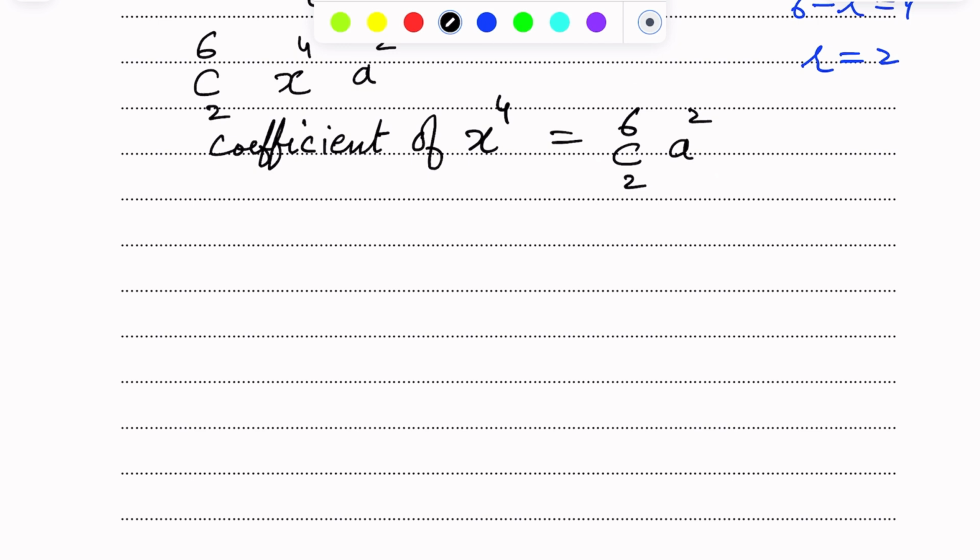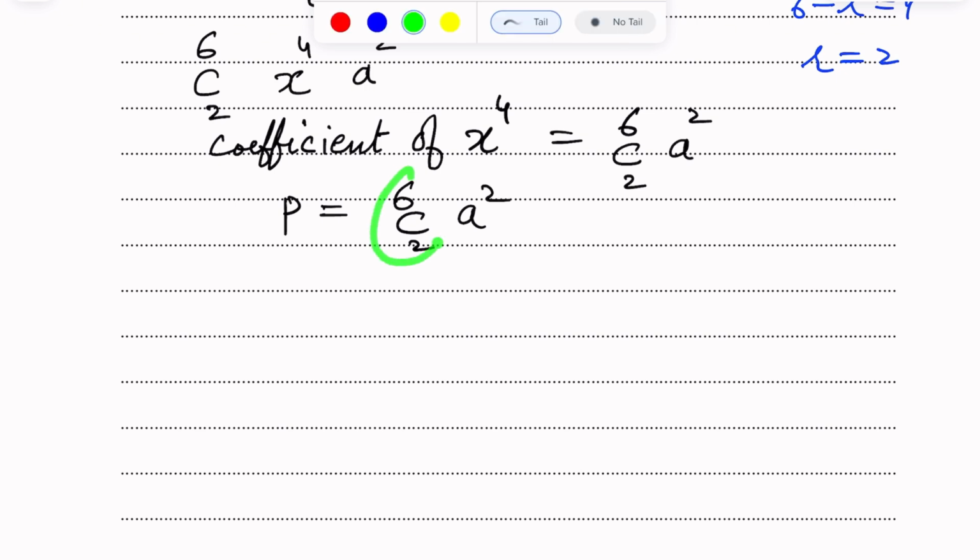So p is equal to 6C2 a^2. From the calculator, 6C2 is 15. So p is equal to 15a^2.